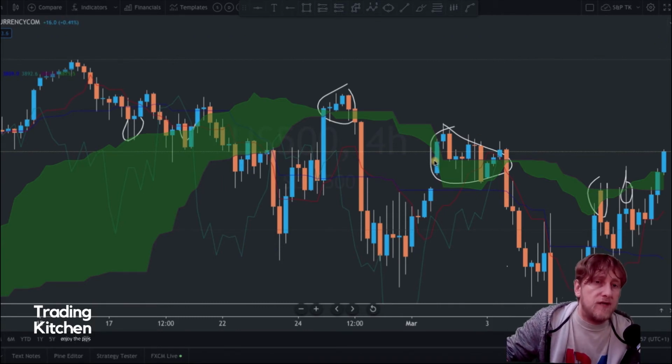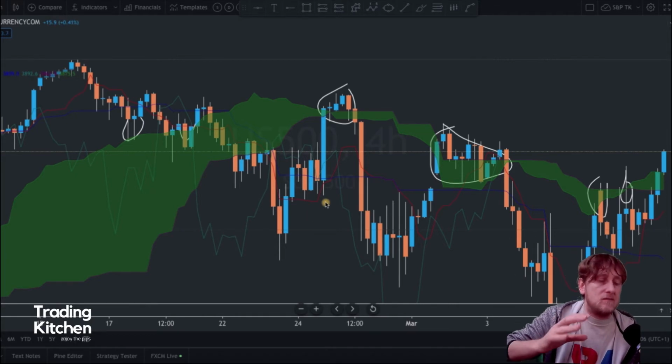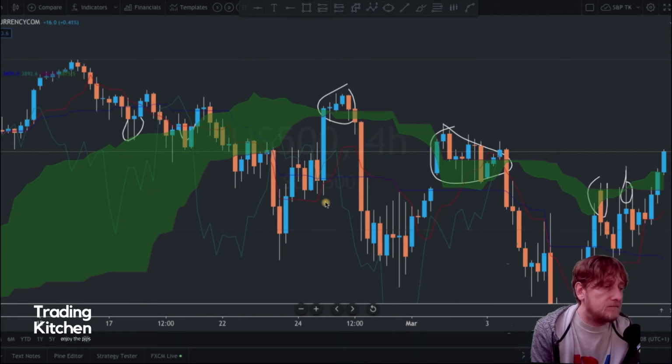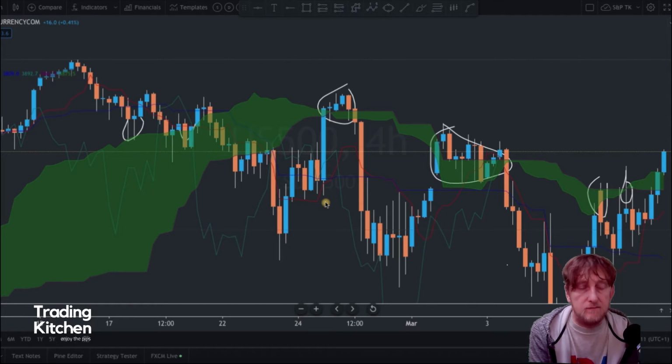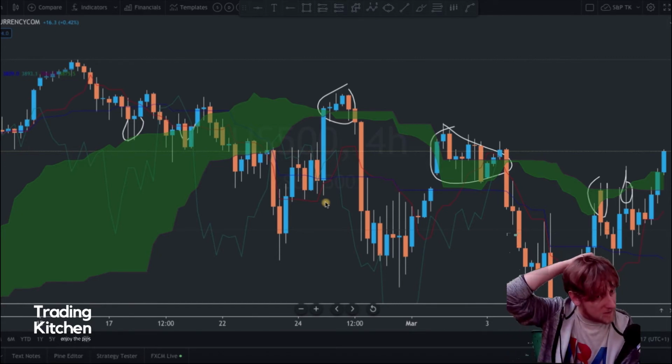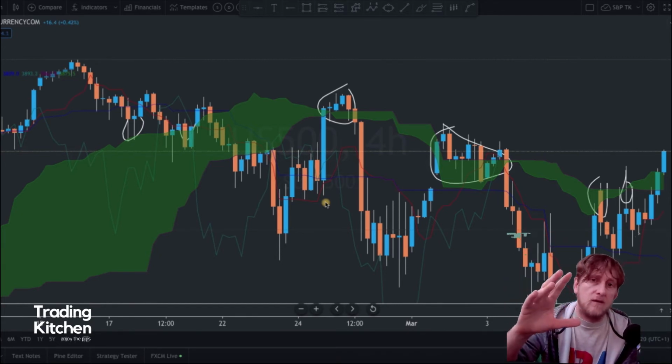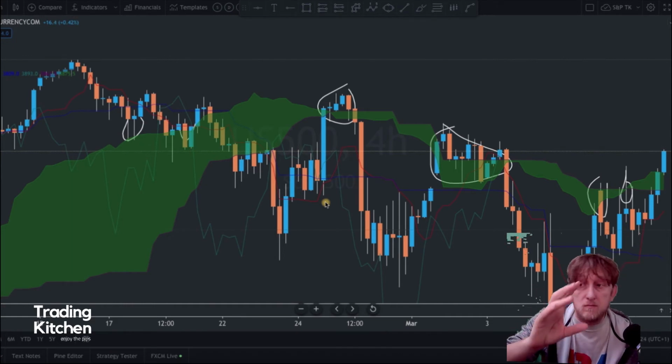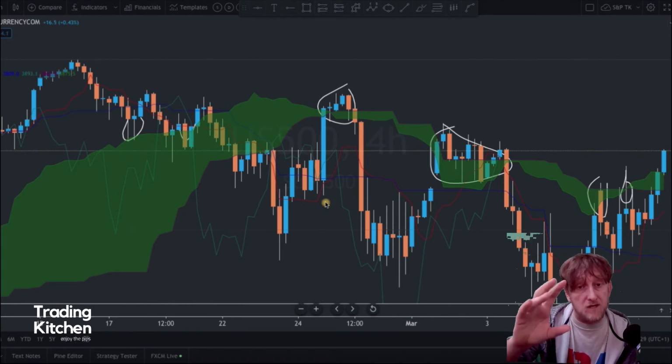Okay, so how to read the ICHIMOKU cloud indicator? For many traders, this system could seem complicated and hard to understand, but once you understand the way to read all these indicators, and believe me, it will be very easy. Thanks to the ICHIMOKU cloud, you will find lots of signals.